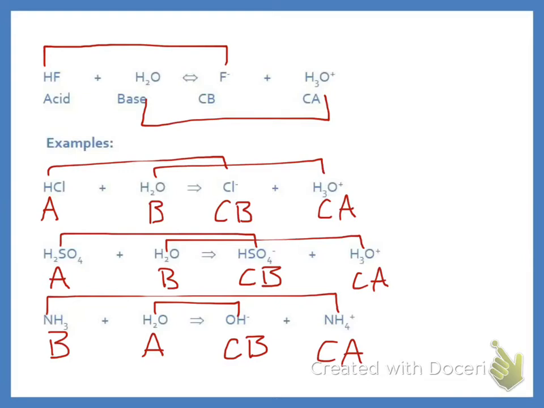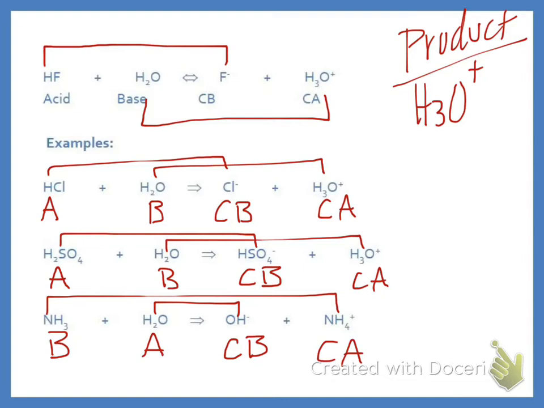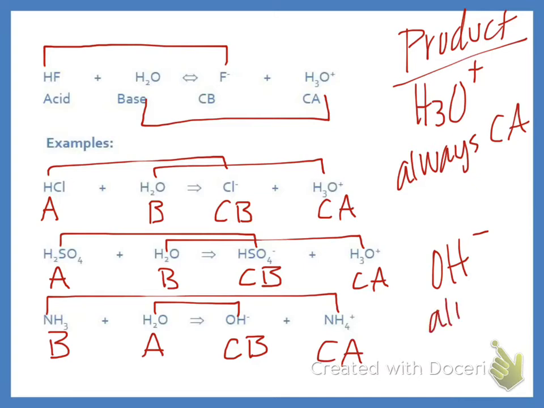If you have H3O+ on the product side, it will always be the conjugate acid. Okay? On the product side, if you have OH minus hydroxide, it will always be a conjugate base when you're doing those.